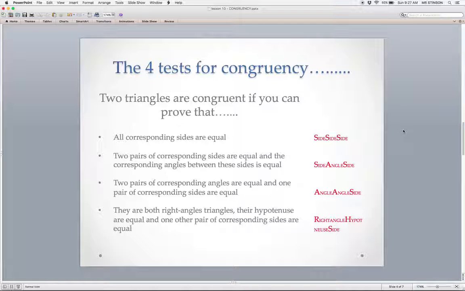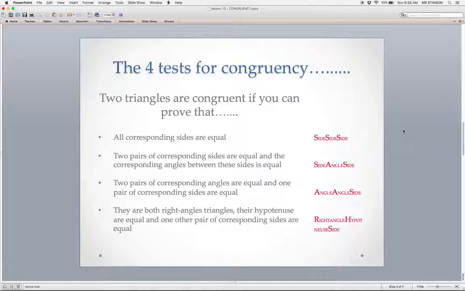To prove that two triangles are congruent, there are 4 tests for congruency. That means that if we can prove that any of these 4 tests are true, then those two triangles are congruent. So let's have a look at the 4 tests for congruency.